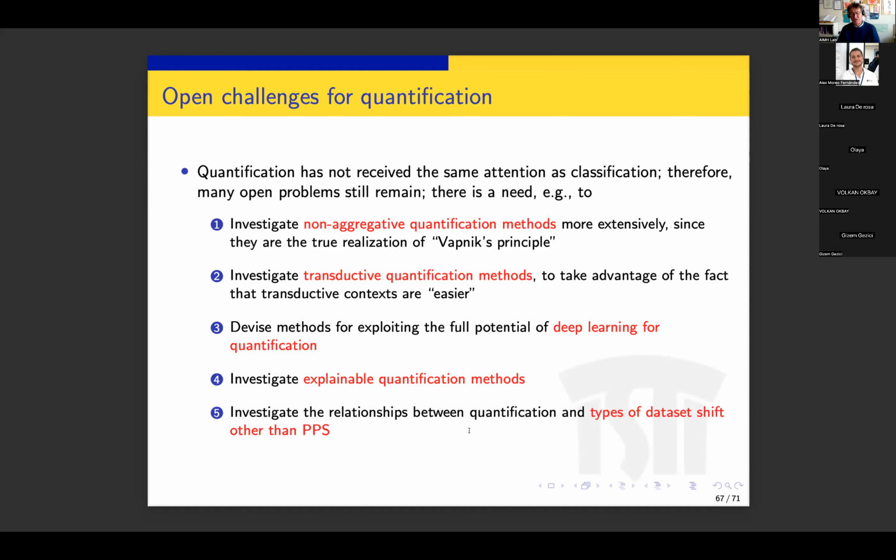It would also be desirable to investigate so-called transductive quantification methods. As you know, transductive learning refers to the kind of supervised learning that you can carry out when, at training time, you exactly know your test set.